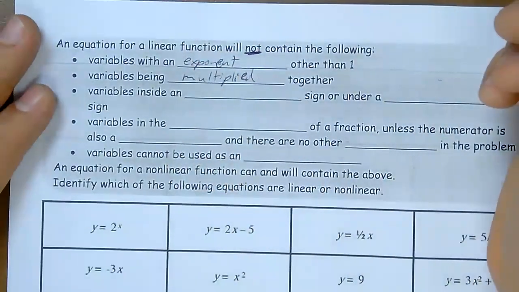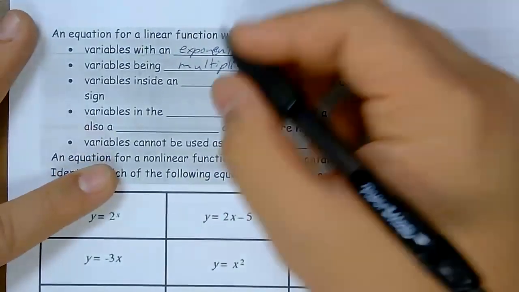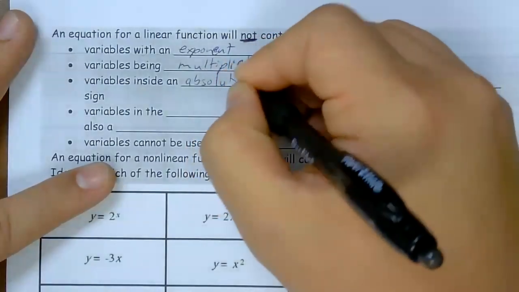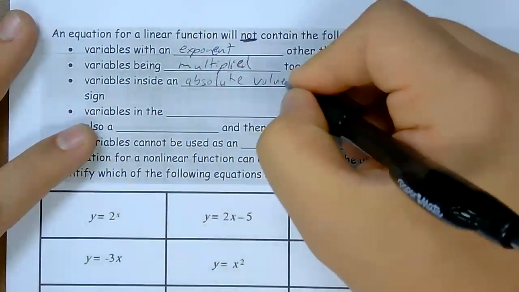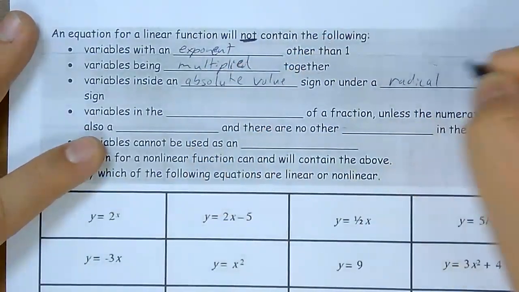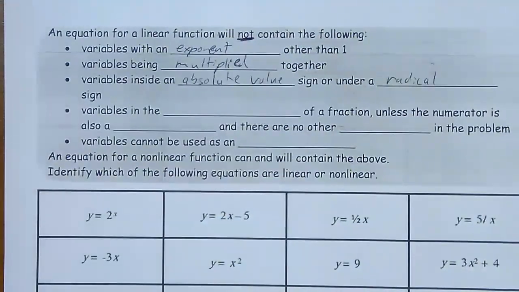Variables inside an absolute value sign or under a radical sign. Those are like square roots. Those are called radicals. So square root, cube root, those are all radicals.